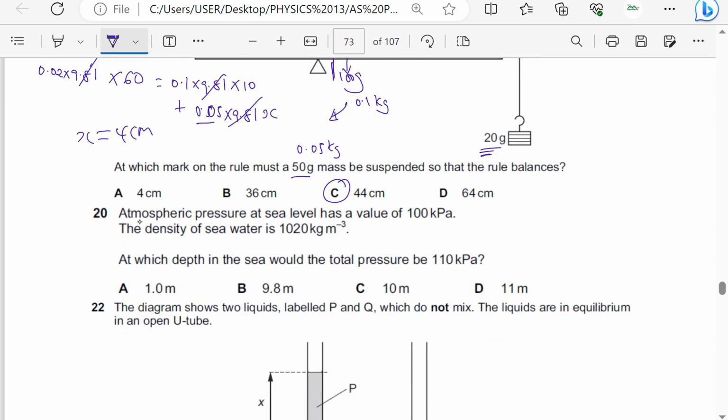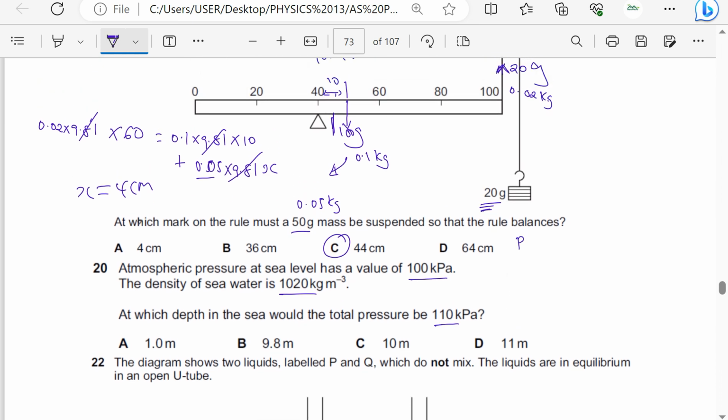Atmospheric pressure at sea level has a value of 100 kilopascals. Density of seawater is 1020 kilograms per cubic meter. At which depth in the sea would the total pressure be 110 kilopascals? So this is going to be easy.